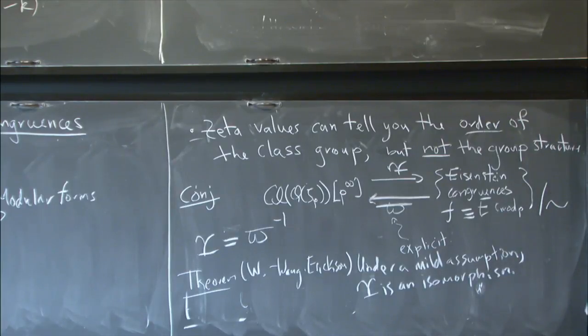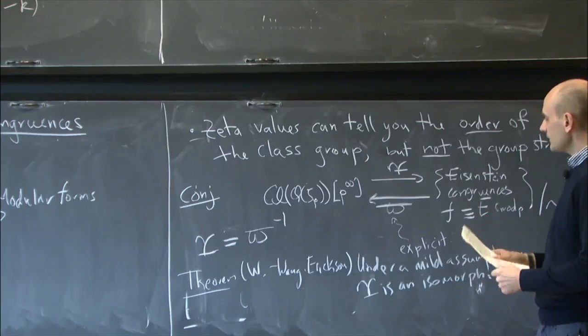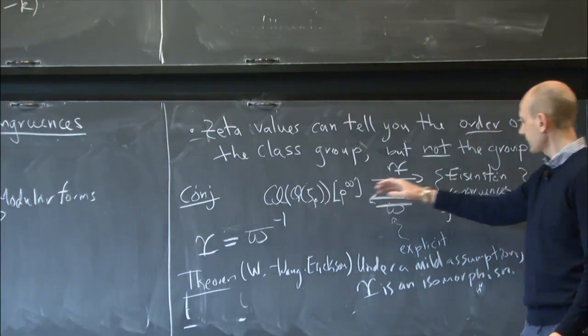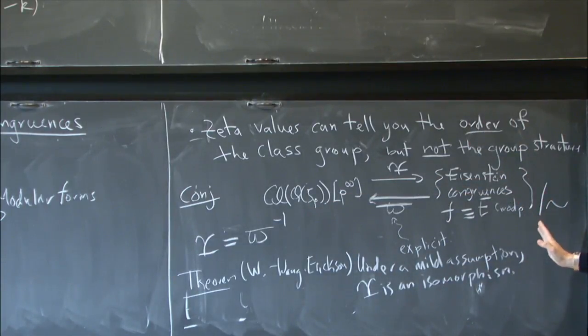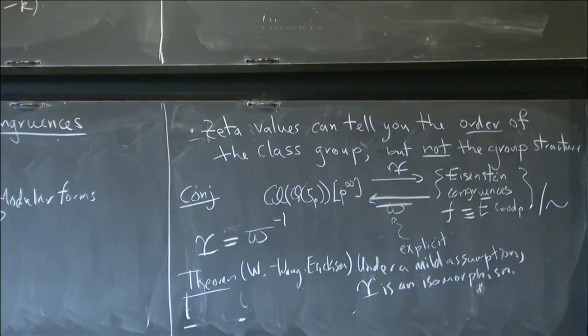So we know that in some way there's some inverse to this map. So the group structure of this is controlled by the group structure of this, but we don't know that the inverse is this explicit thing.